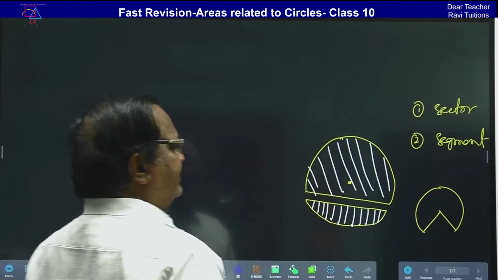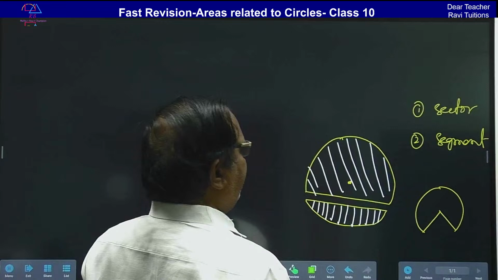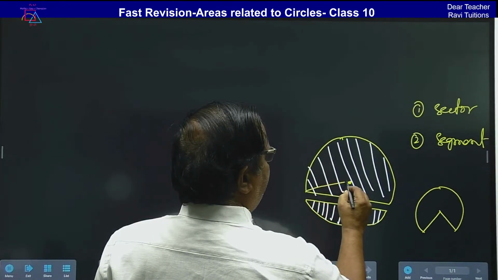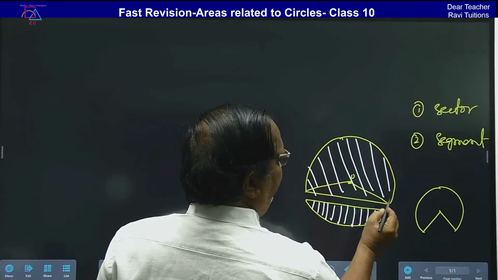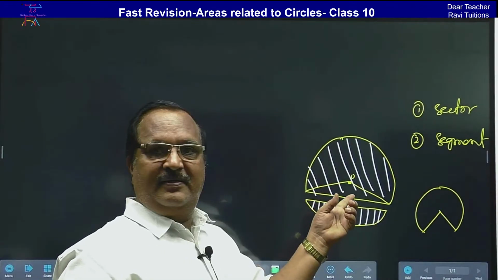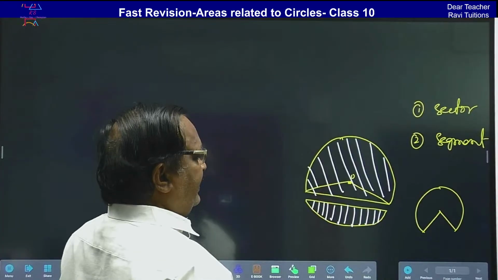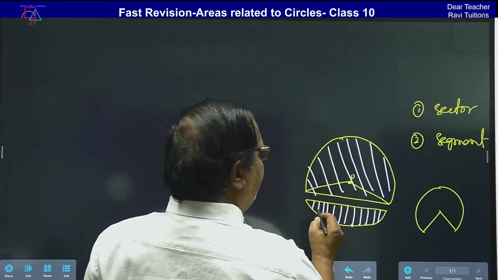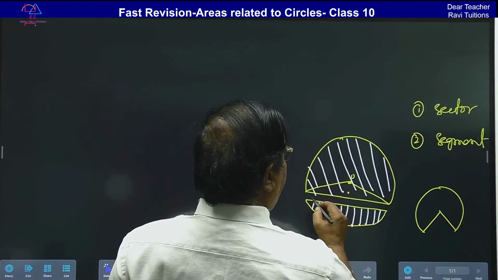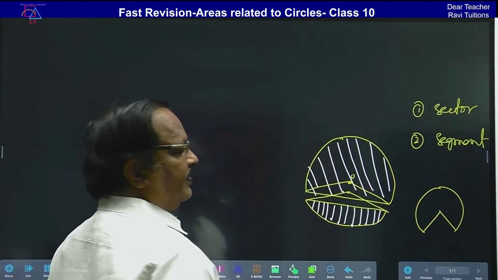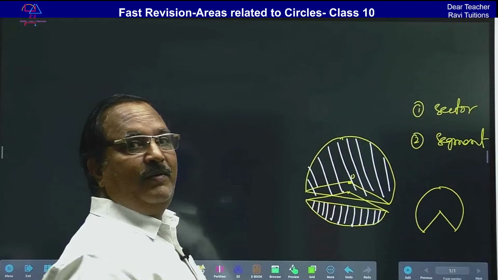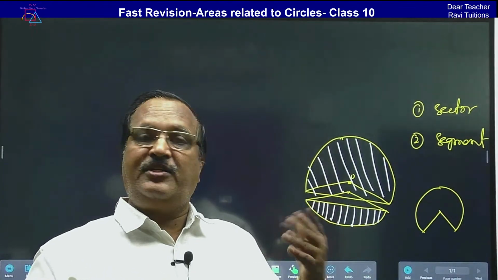Now every segment has a triangle inside, a triangle with the radius and the chord. Both the segments are having triangles.